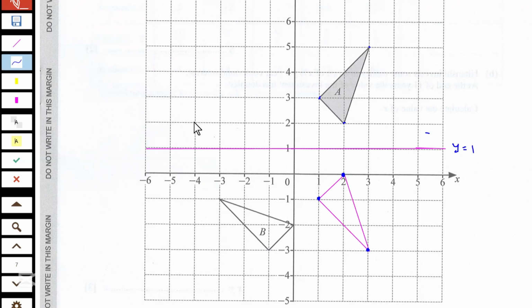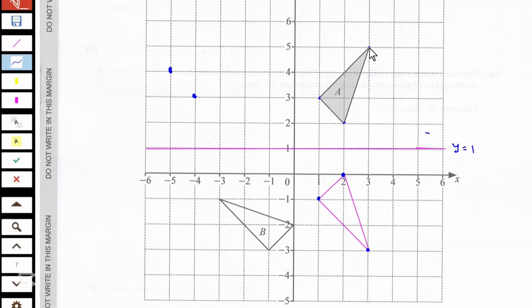And then we're moving up by 1 unit. And this is our first point. Now from the second vertex, we're moving 6 units to the left-hand side, and then 1 unit up. 1, 2, 3, 4, 5, 6, 1. So this is the second point.